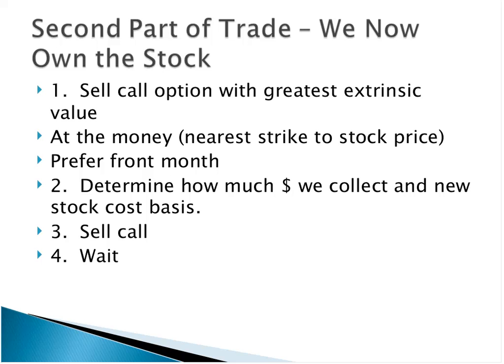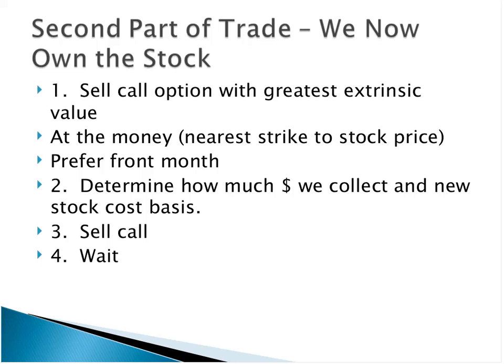The only difference from the traditional approach is that with this ricochet strategy we're aggressively selling the call that has the greatest amount of extrinsic value. Again, there's nothing here that you have to do. All the calculations that you need to do are based on arithmetic.